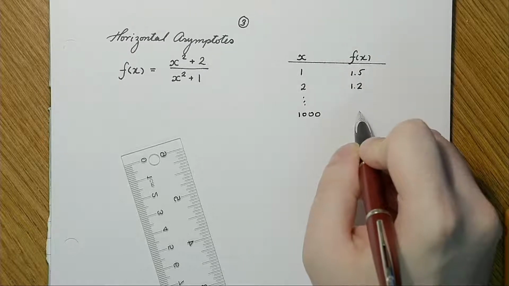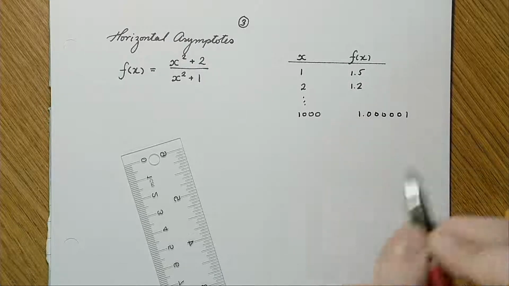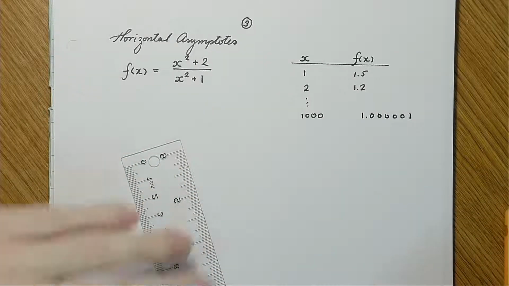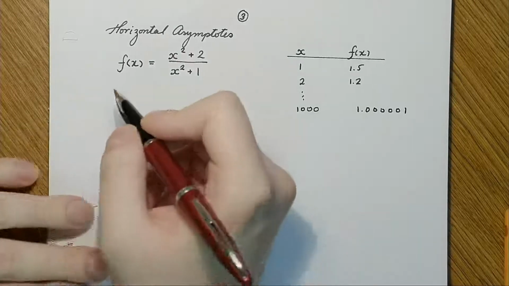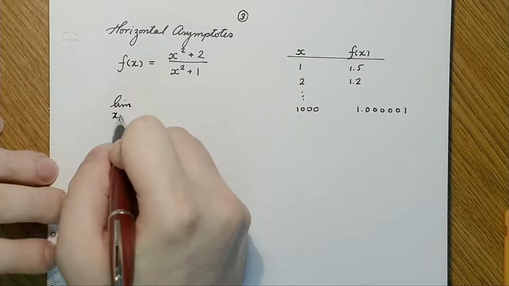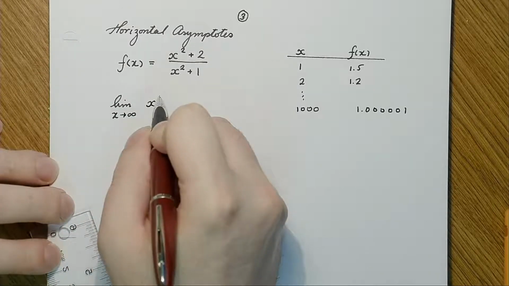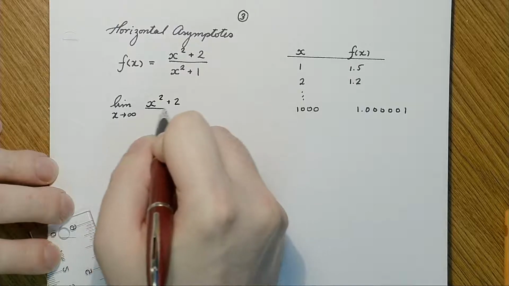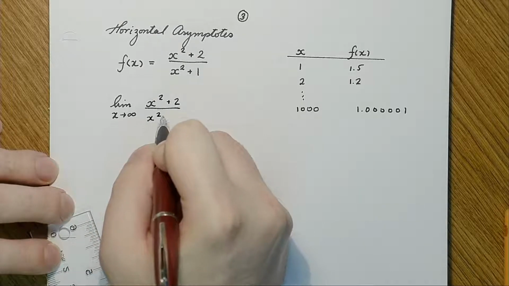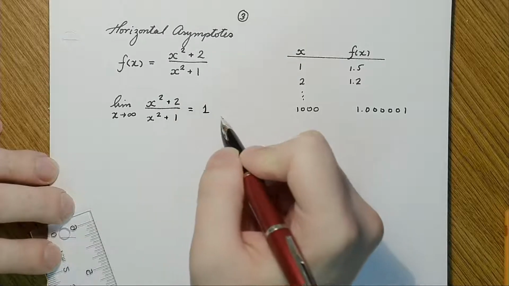We got close to 1.000001. So the limit of that function, so the limit as x goes to positive infinity, x squared plus 2 over x squared plus 1 is equal to, it looks like it's equal to 1.